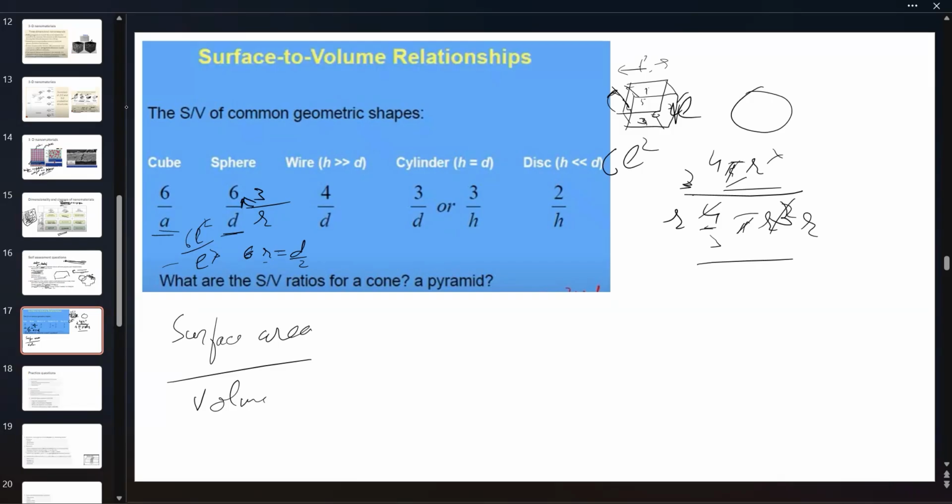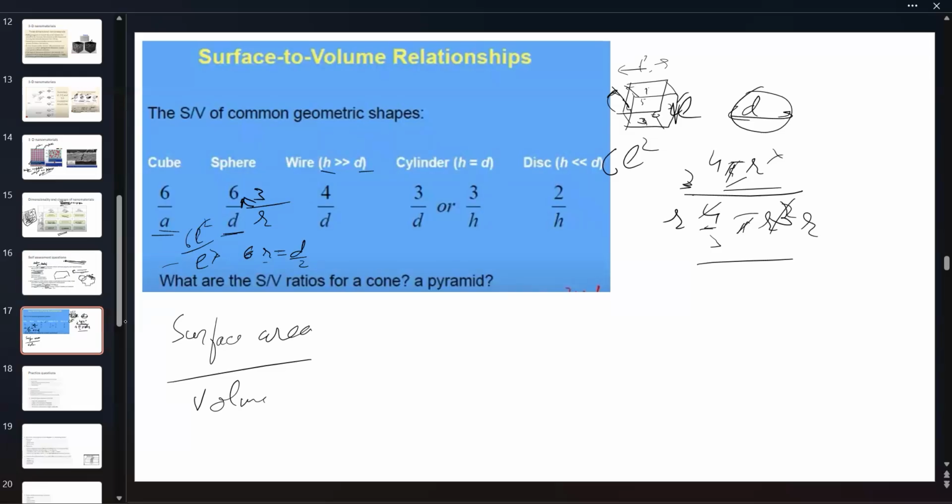Substitute R. We're talking about the largest dimension you see, so the diameter. So for a wire, where your height is much greater than the diameter.